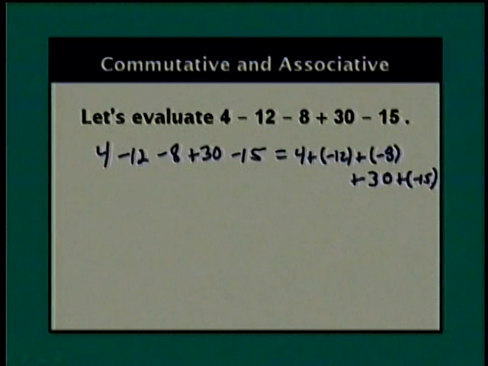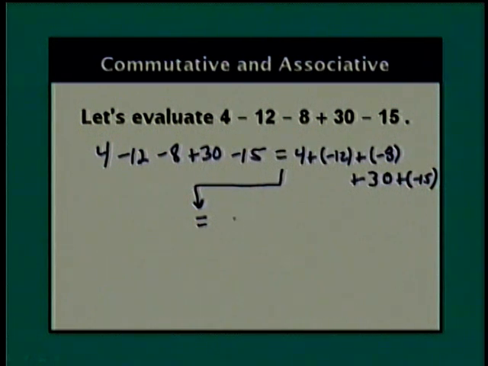Now what the last slide said is that when the only operation involved is addition, I can perform the addition in any order I want and in any grouping I want. So what I'm going to do here is add the positive numbers together, add the negative numbers together, and then add those two results.